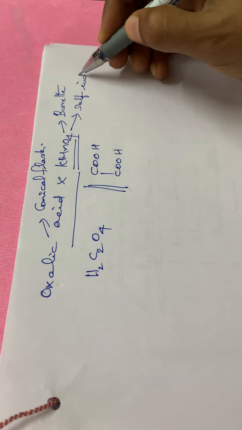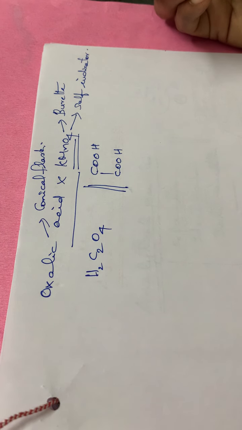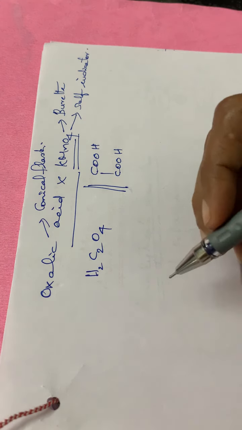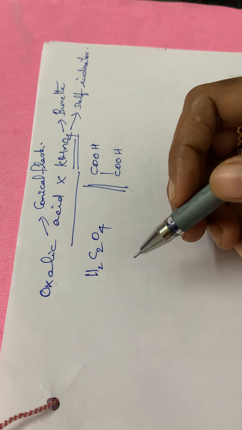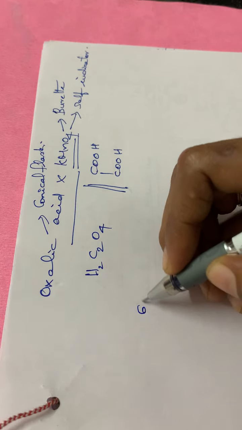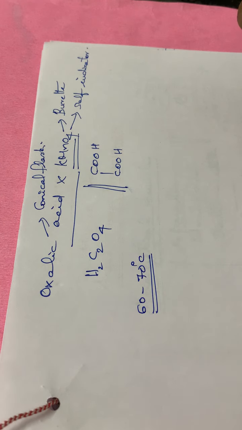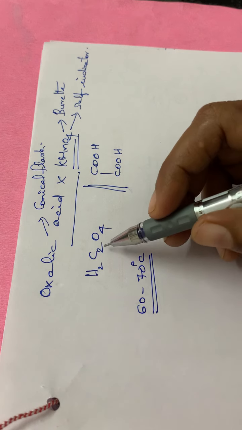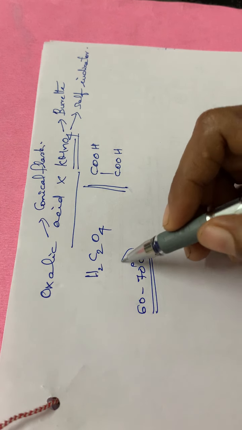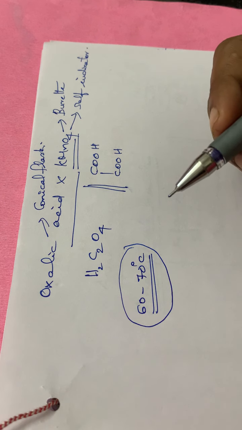KMnO4 is the self-indicator. One difference from the previous reaction is that for oxalic acid, we have to do this reaction at a temperature of 60 to 70 degrees Celsius. At first, pipette out the oxalic acid, then heat it to 60 to 70 degrees Celsius.